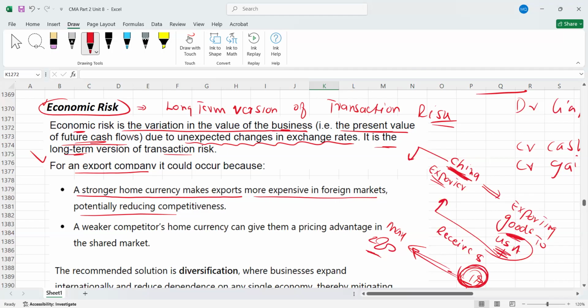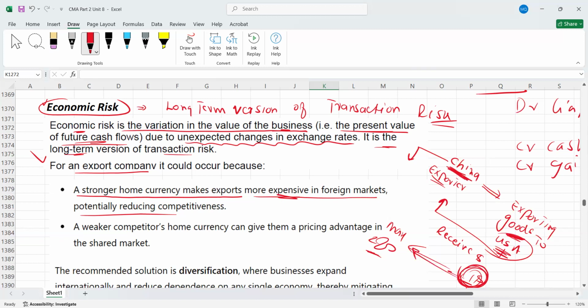So they're saying that for an export company, it could occur because a strong home currency makes exports more expensive. This is the rule here, guys. That is why China is devaluing its currency, right? Because if China depreciates its own currency intentionally, what will happen? Chinese products will become cheaper for foreign people, right or wrong, and they will prefer to buy.